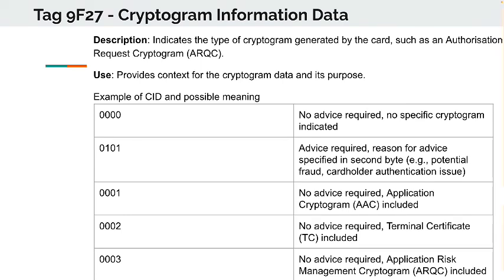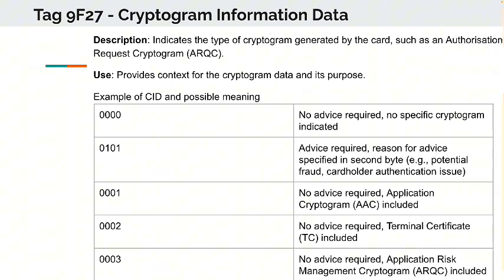0101 says that advice is required, and the reason for advice is specified in the second byte, which is the second 0 byte. It could be potential fraud, card without authentication issue, right? So if an advice is required in a transaction, what that typically is saying is that something has happened while this transaction is going on, right?